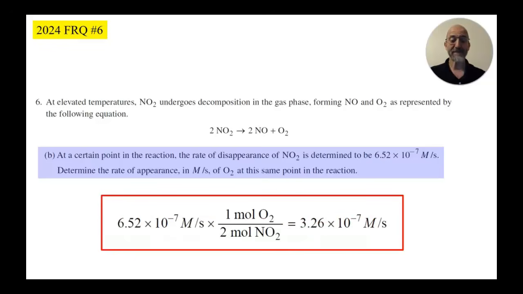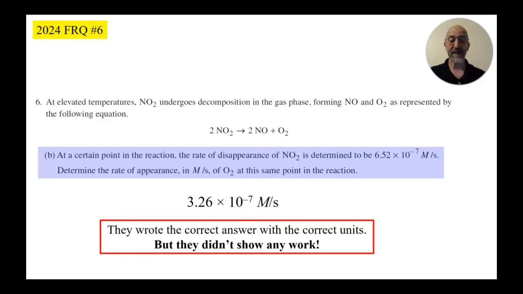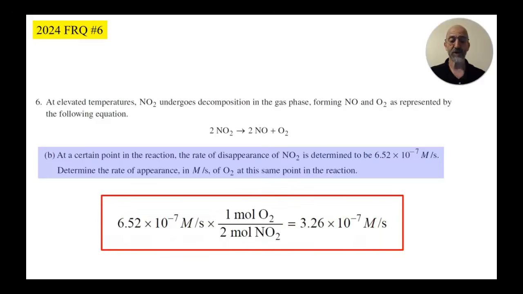That would be how you would set it up. At least something involving dividing by 2, but not just simply the correct answer without any work shown. So just a reminder to obviously be specific with your words, but be specific with how you show the setup for your calculation. No work, no credit on the free response section.